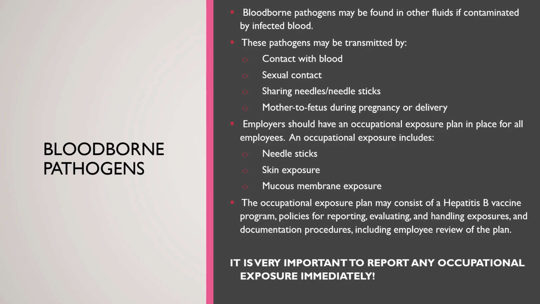An occupational exposure plan includes needle sticks, skin exposure, and mucous membrane exposure. The plan may consist of a hepatitis B vaccine program, policies for reporting, evaluating, and handling exposures, and documentation procedures, including employee review of the plan.